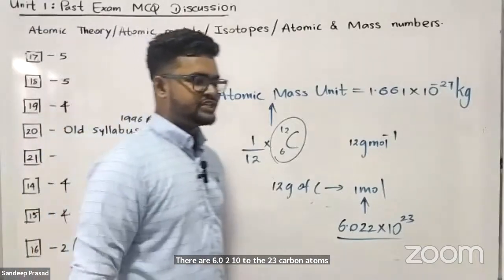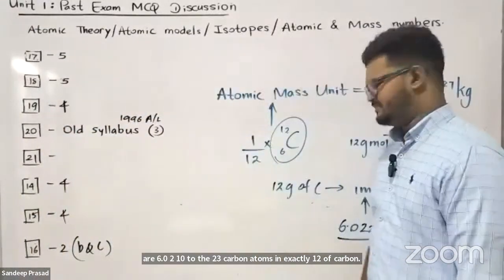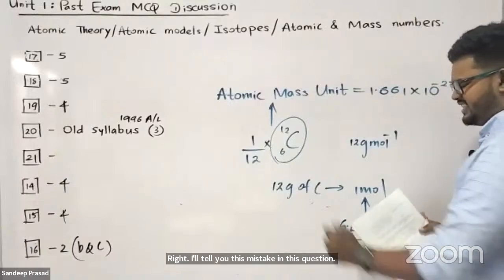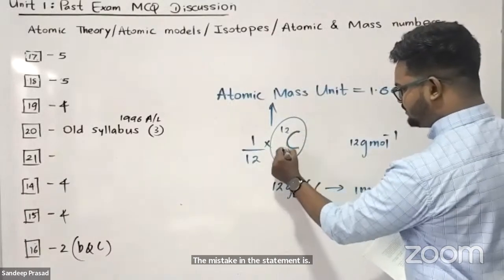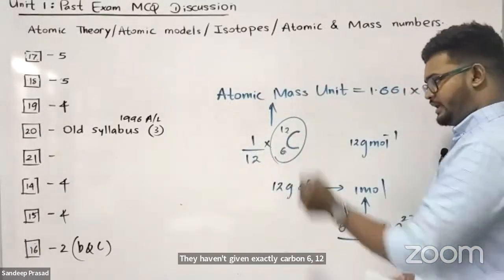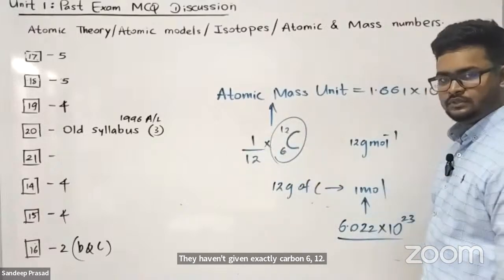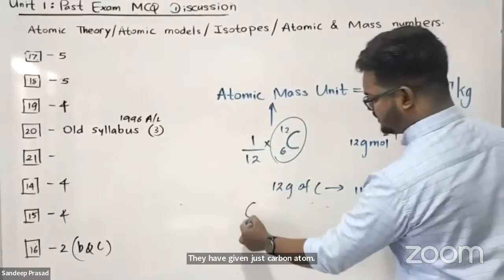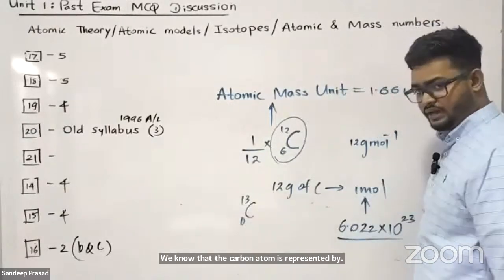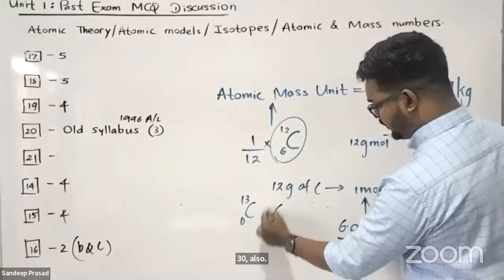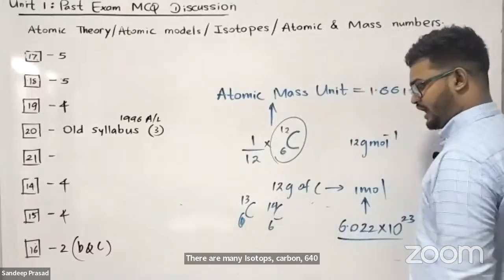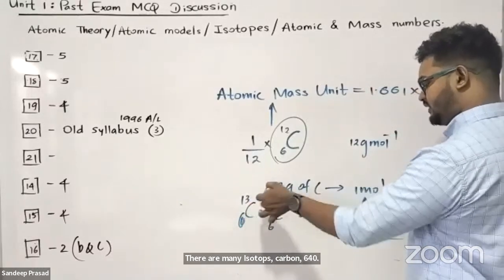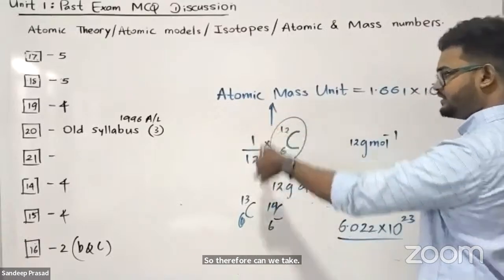I'll tell you the mistake in this question. The mistake in this statement is they haven't given exactly carbon-12. They have given just carbon atom. We know the carbon atom is represented by carbon-13 also. There are many isotopes; carbon-14 also exists. So can we take carbon-13 and carbon-14 to define the atomic mass unit?